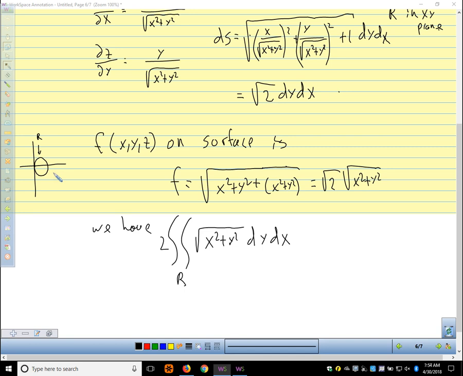R equals cosine theta, and it's traced once from 0 to pi.